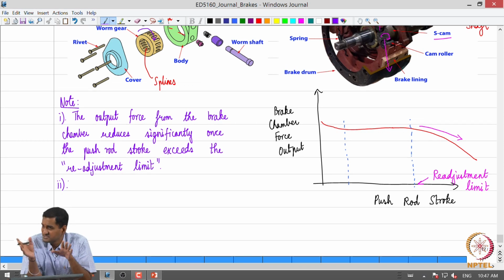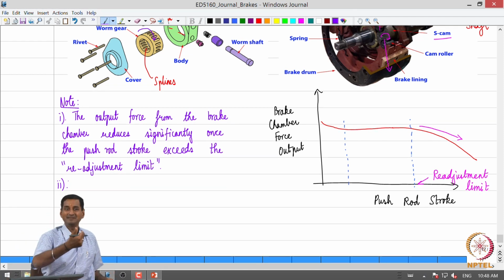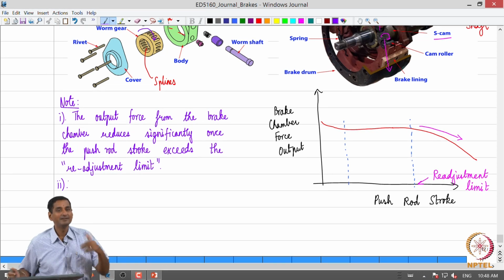Of course, the human force is magnified by mechanical and other means through a vacuum booster, but ultimately the human effort, though magnified, is finally used to pressurize the brake fluid. So if the pressure drops, that directly influences the reaction force provided to the driver.